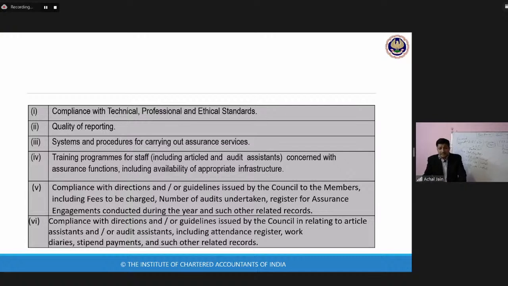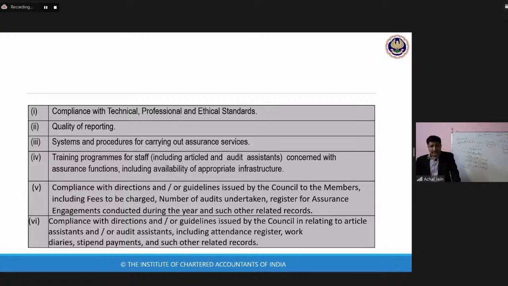Next, compliance with directions and or guidelines issued by the council in relation to articled assistants and or audit assistants, including attendance register, work, stipend, and such other related reports.